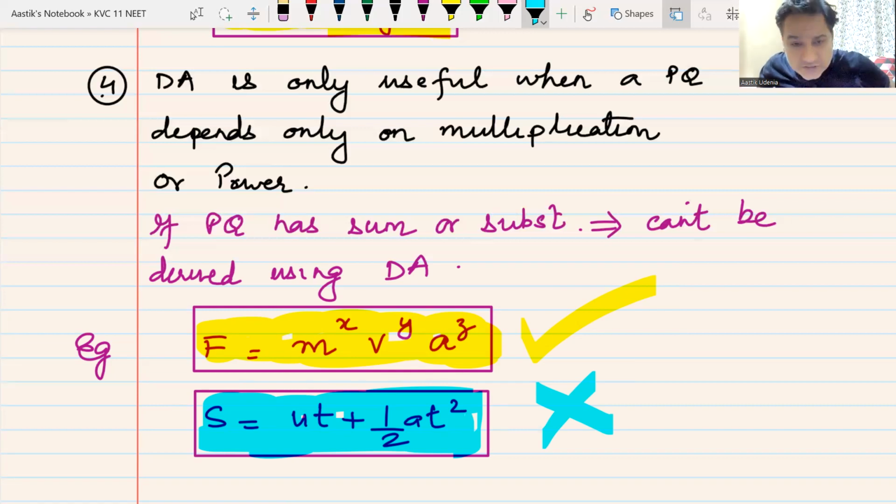If addition and subtraction come, you can only check whether it is correct or not. Shall we move on to the next one? Everyone has noted this down? Yes, sir. Shall I move on to the next one?